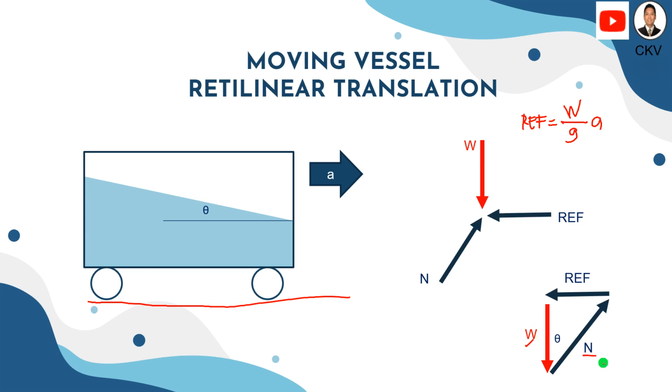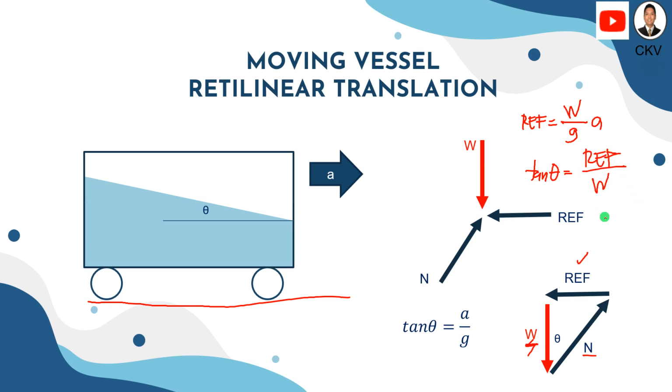But since the easiest values that can be determined here are the reverse effective force, and of course we also have the given weight of the body, we will just use the reverse effective force and the weight of the body in determining the angle of tilt of the liquid surface. So applying the tangent function, tan theta is equal to the reverse effective force divided by the weight.